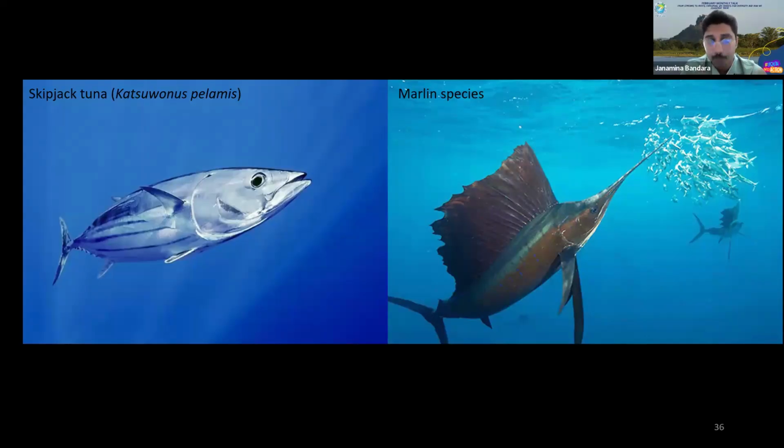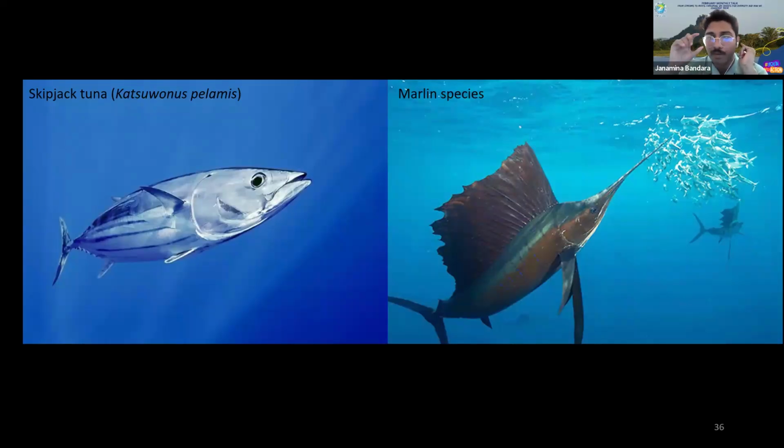Katsuwonus pelamis is a classical example, a tuna species belonging to the family Scombridae, and there are other species like Auxis thazard. These are what we call Balaya and Kelawalla. They are really predatory species and can move very fast because they are predators. And their body form, as you can see, is very streamlined, very fusiform.